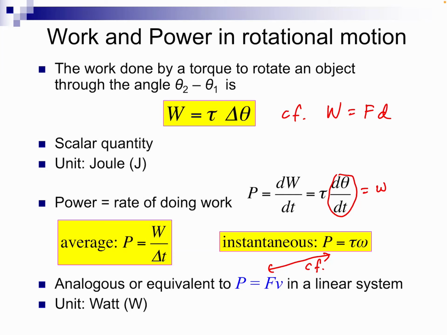So everything we've learned before in linear motion in terms of energy, kinetic energy, potential energy, work, and power, they will all apply to rotational motion, except that we will be using rotational variables: torque, angular displacement, angular velocity, angular speed, right?